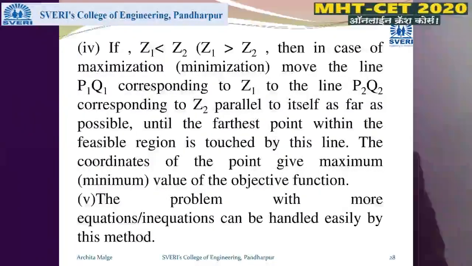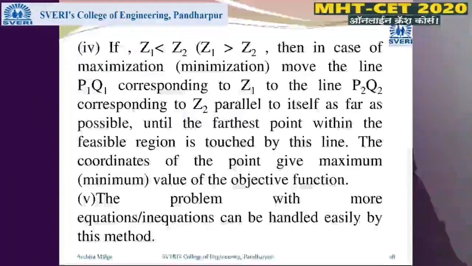to itself as far as possible until the farthest point within the feasible region is touched by this line. The coordinates of the point give the maximum or minimum value of that objective function. The problem with more equations or inequations can be handled easily by this method.